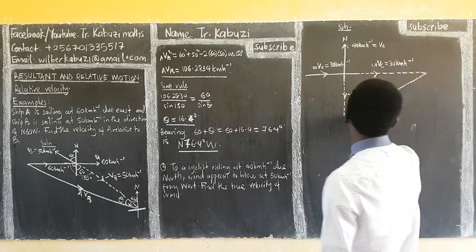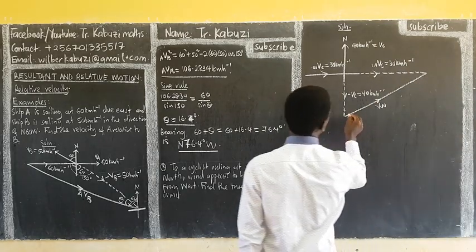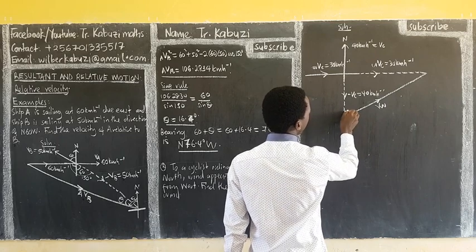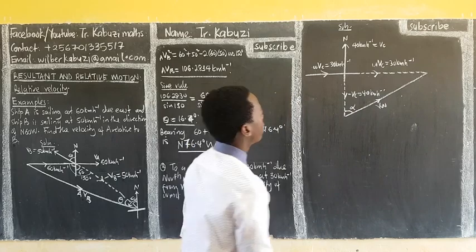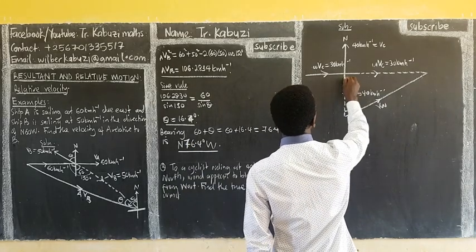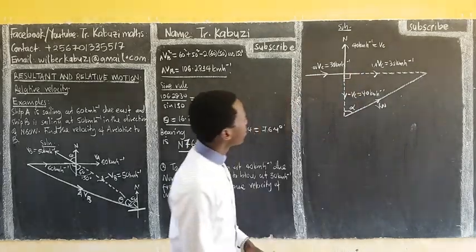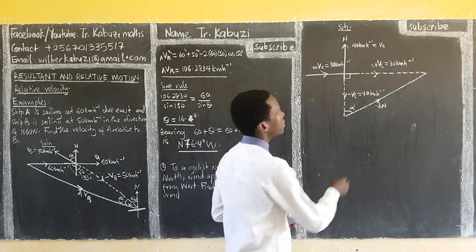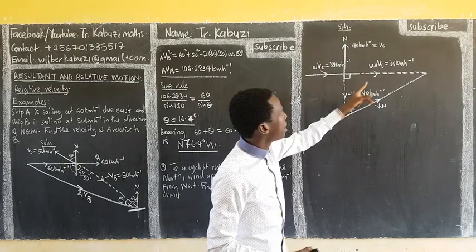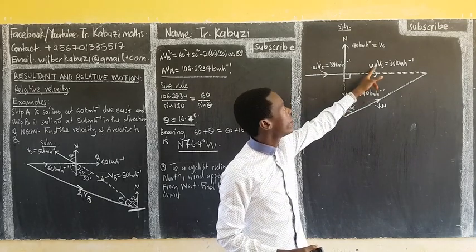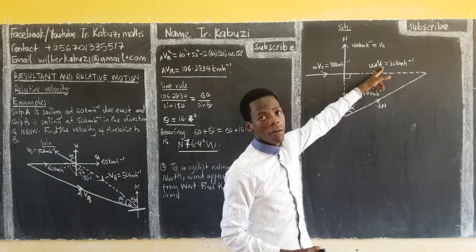Let me call this alpha. Of course, this is going to be a right angle triangle. Whenever you see the word relative, this is W, let me make it clear. This means we shall get the positive of the wind plus the negative of the cyclist.